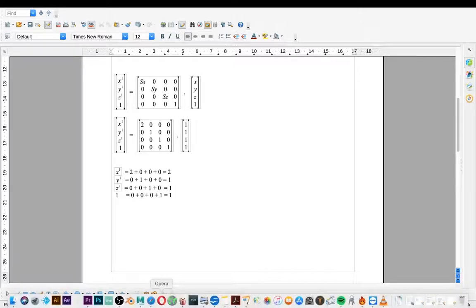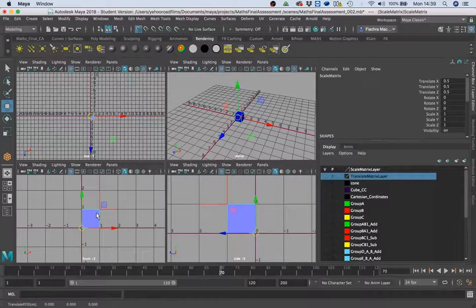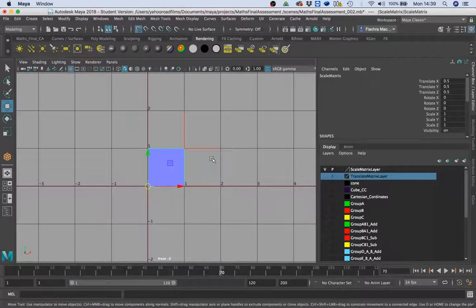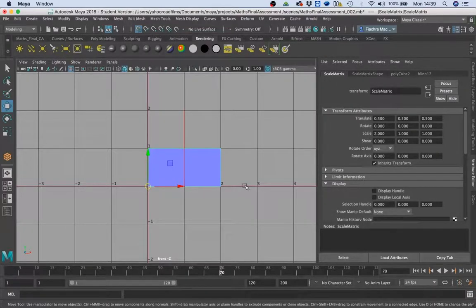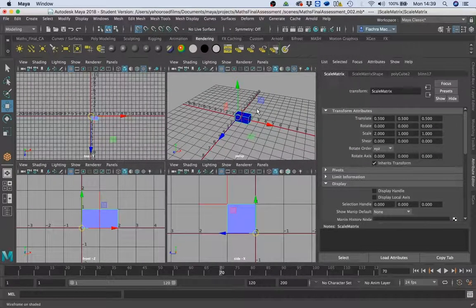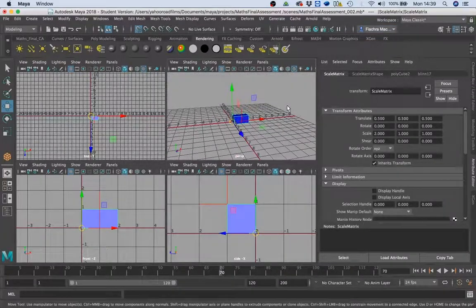Okay, so, and as you can see, if we scale by the x by 2, you can see this moves in the x, doesn't go near the y, z remains the same, and the origin stays where it began.